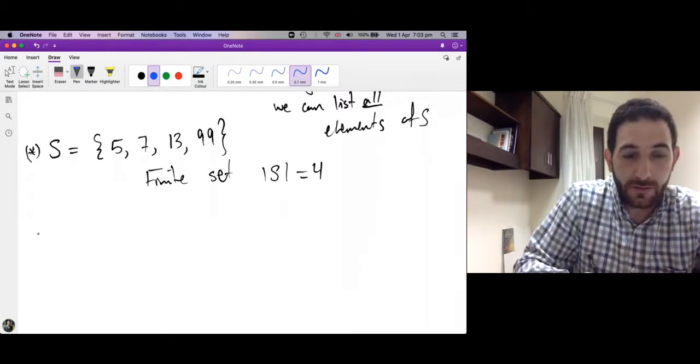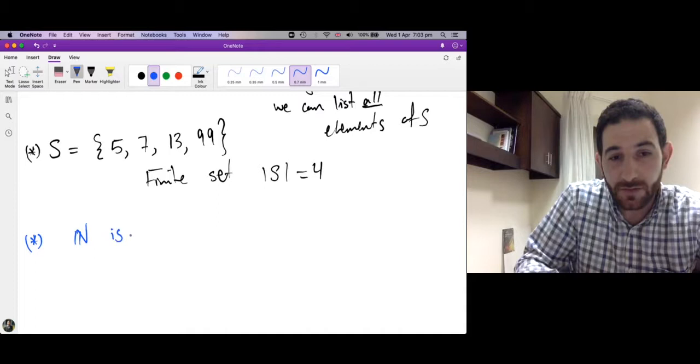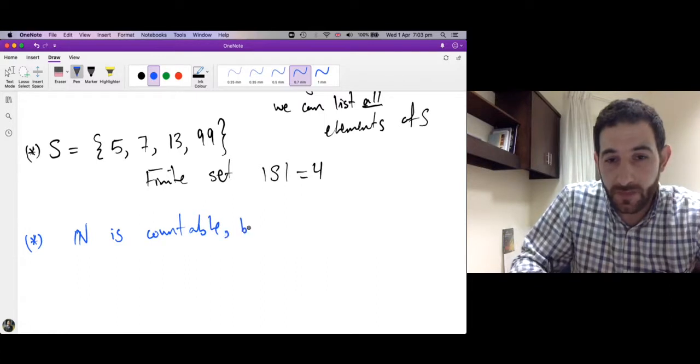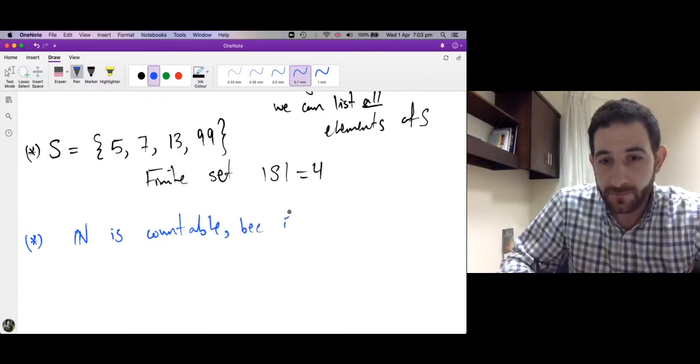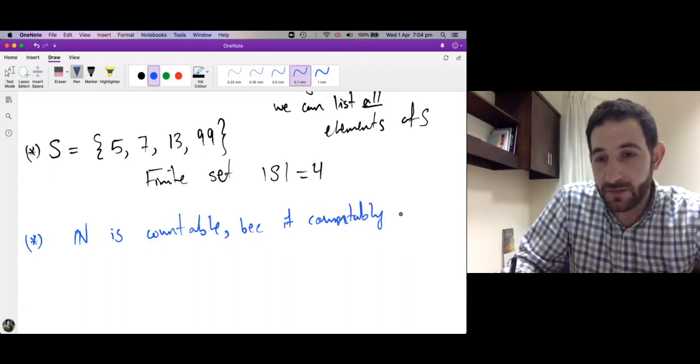Okay, let's have another, more interesting example of a countable set. The set of natural numbers is countable. Why is it countable? Because it is countably infinite. Why is it countably infinite?